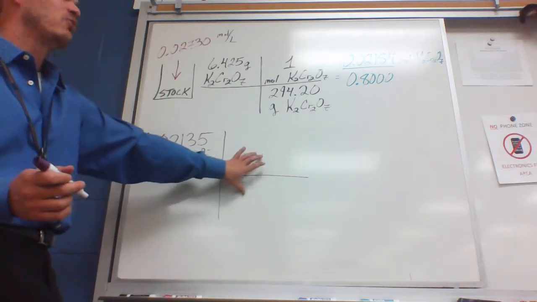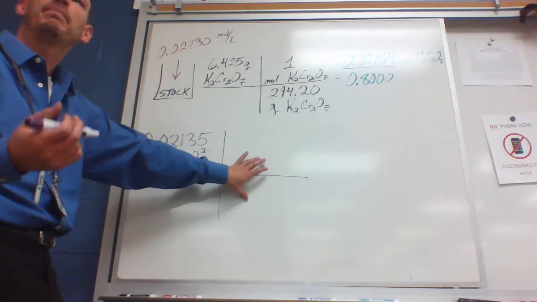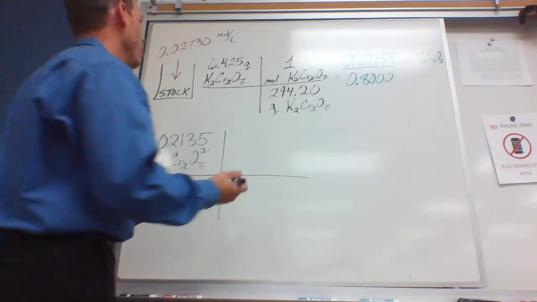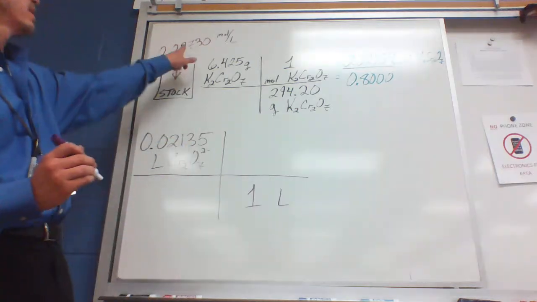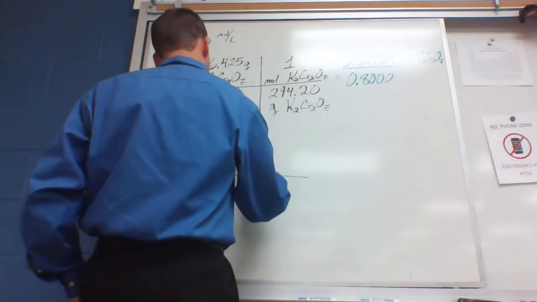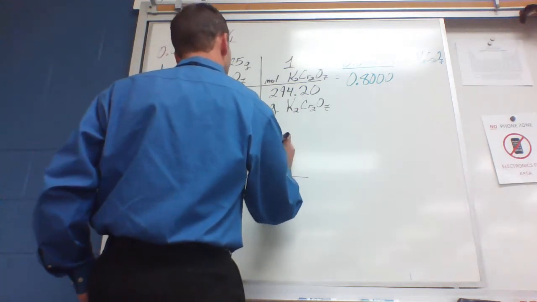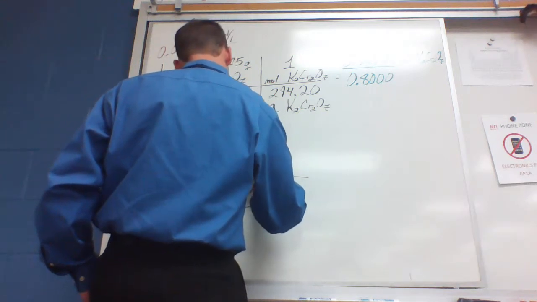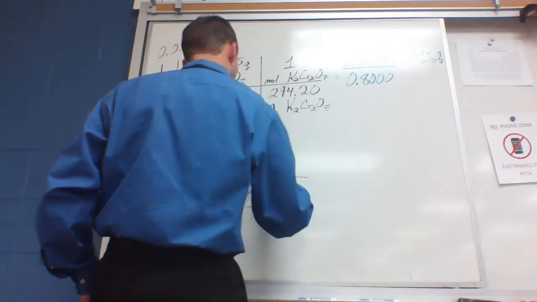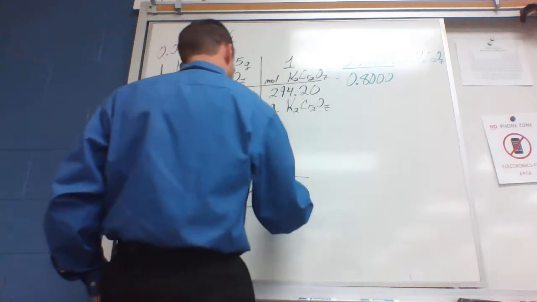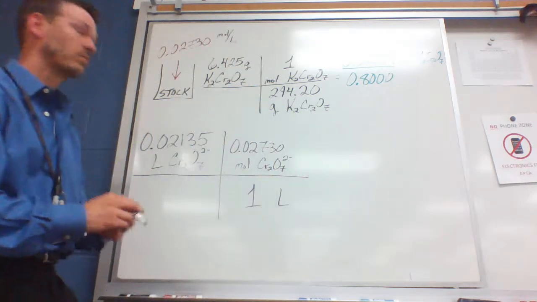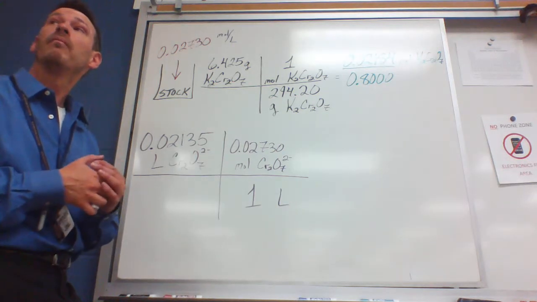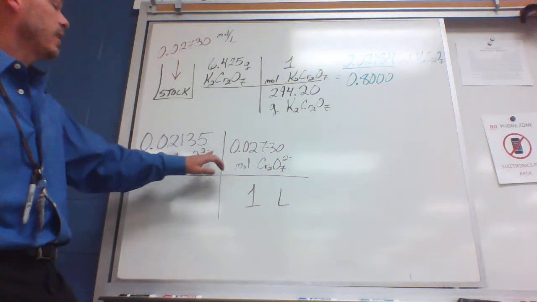So if I want to do this conversion factor as simply as I can, I know that for every 1 liter, there is 0.02730 moles. I thought that was grams. Sorry? So it's just this one conversion step.